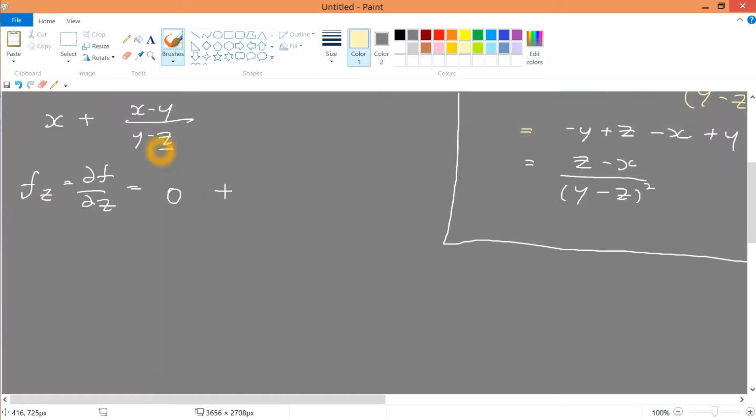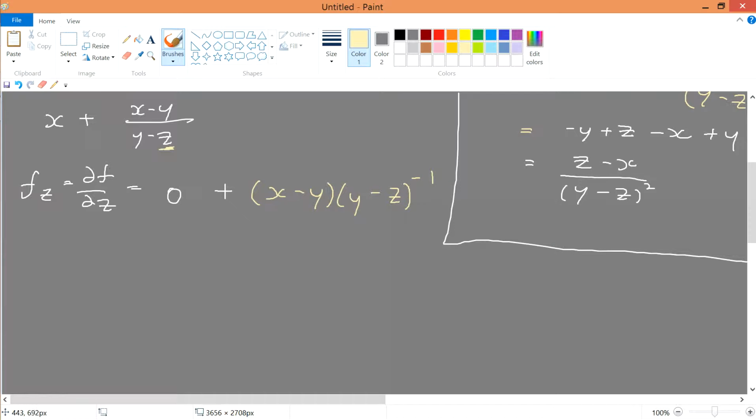Now the same thing. Because this is the denominator, you can't do anything about it. The only way to differentiate this is by using the quotient rule. Otherwise you can use, actually no need, you can use this method, minus 1.